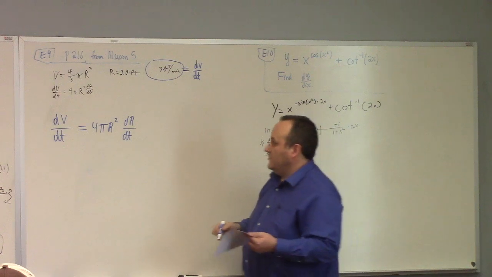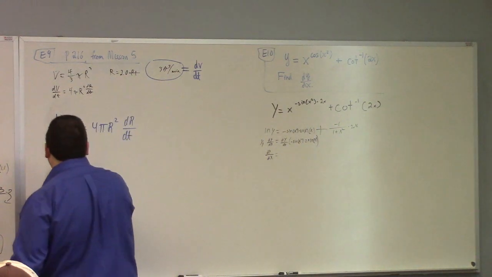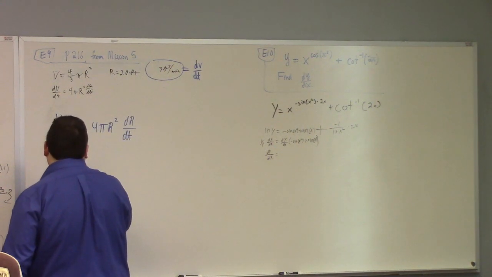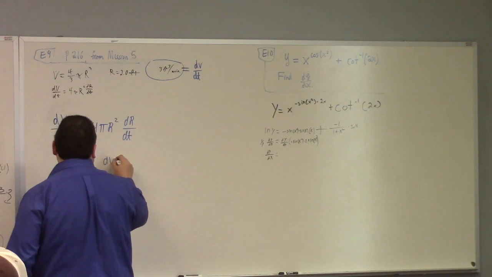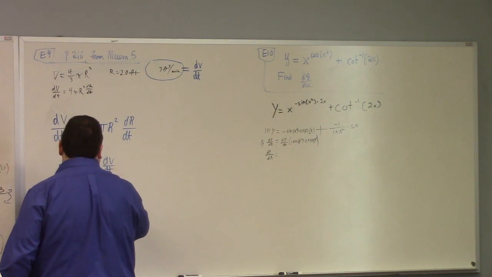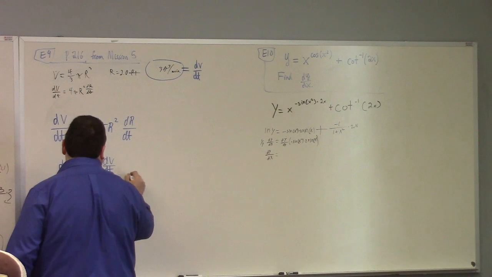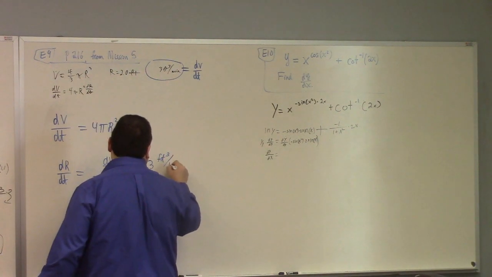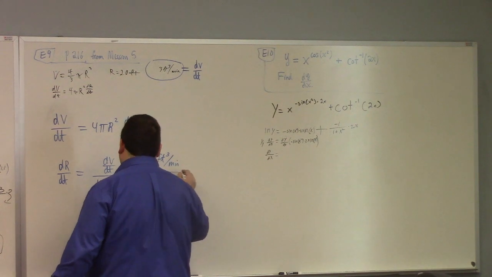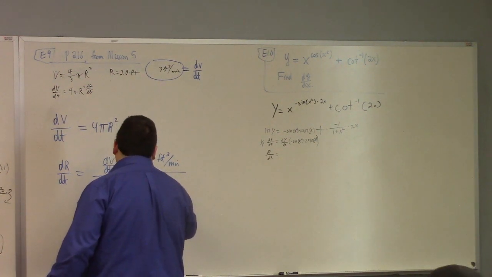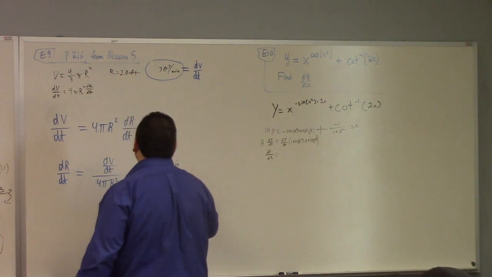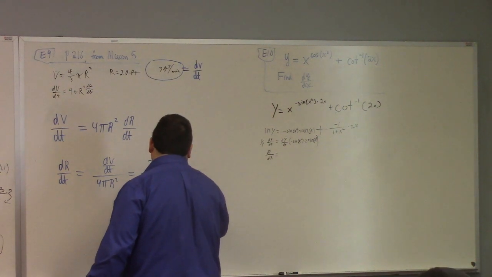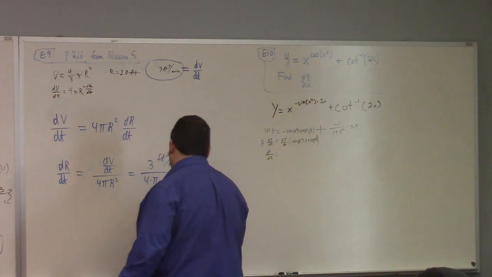So all you've got to do is solve for dr/dt, which is dV/dt divided by 4 pi r squared, which is going to give us 3 cubic feet per minute divided by 4 times pi times (2 feet) squared, right?